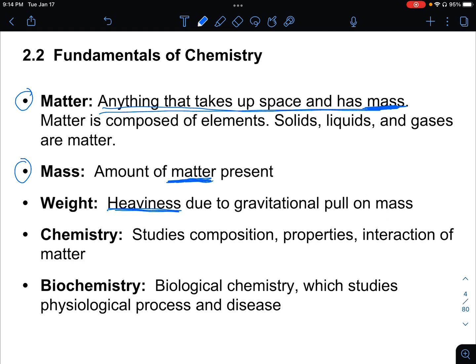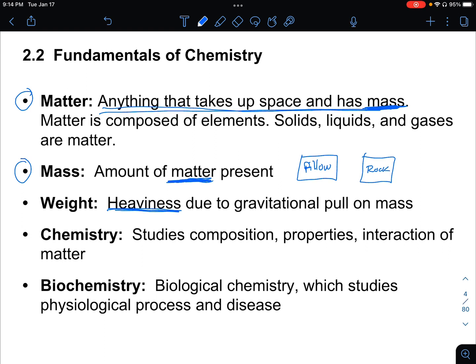Like a pillow. If we think about a pillow, it has the same amount of matter as a rock about that same size. So if we had a pillow and we had a rock, pretend those are the same size. So this is a pillow and this is a rock.